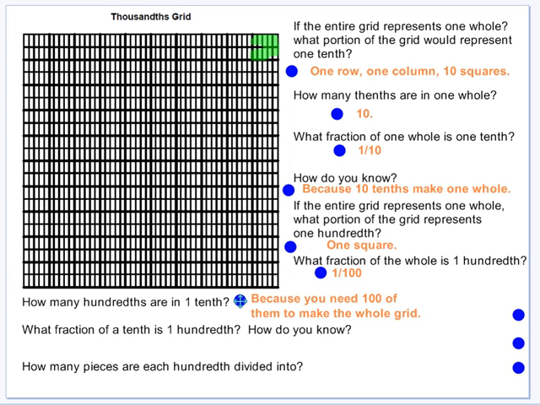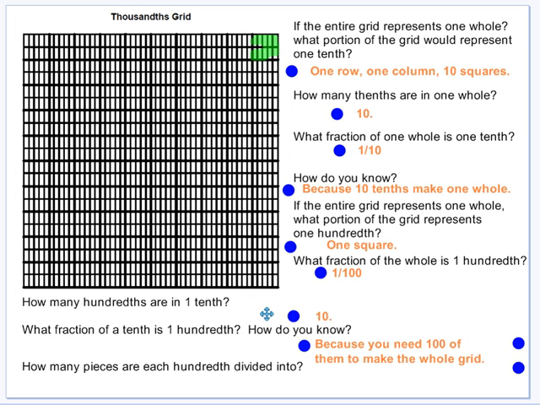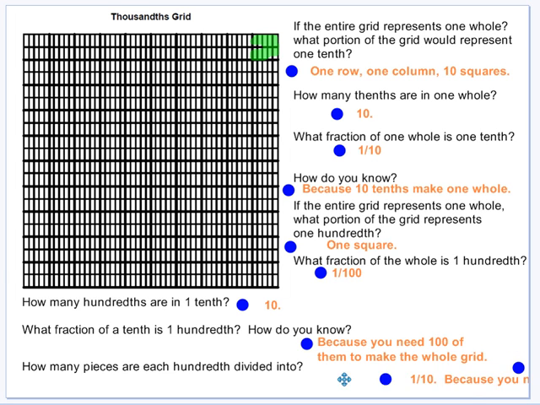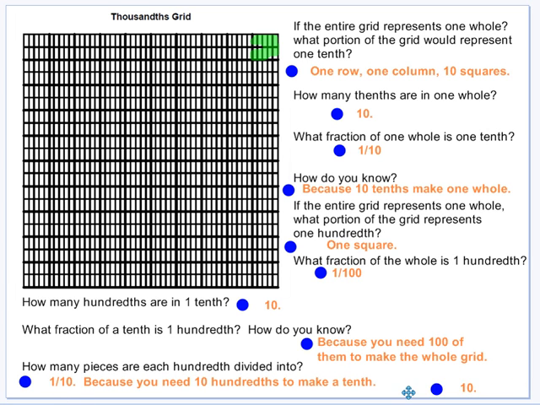Sorry, I did that one backwards. You need 10 of the hundredths to make 1/10. And then we know that a hundredth is 1/100th of the whole because we need 100 of them to make a whole grid. How many pieces is each hundredth divided into? 10, because you need 10 hundredths to make a tenth.